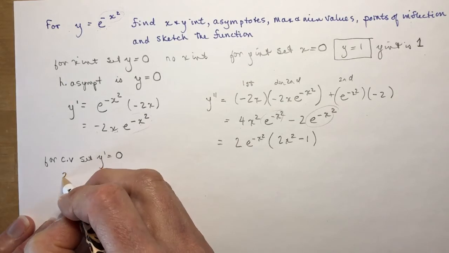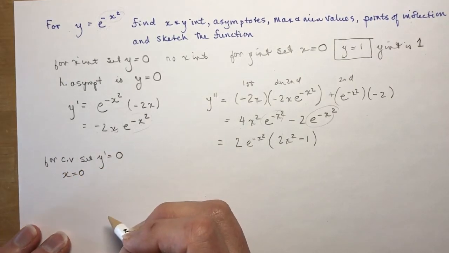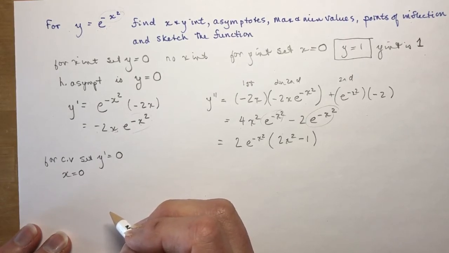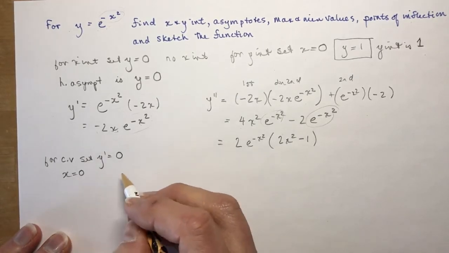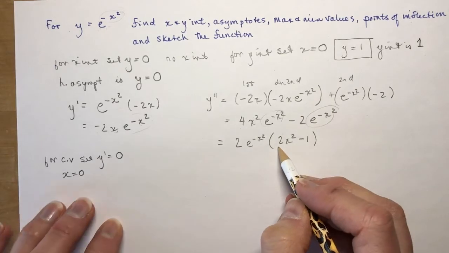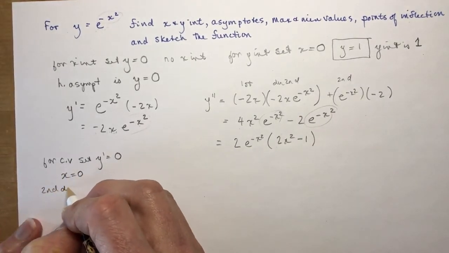So x equals 0 is a critical value. And you can do a second derivative test to check, and you could do a first derivative test, but we have the second derivative here. So let's do a second derivative test.